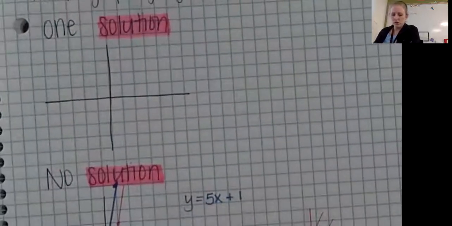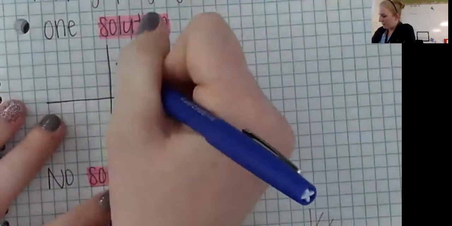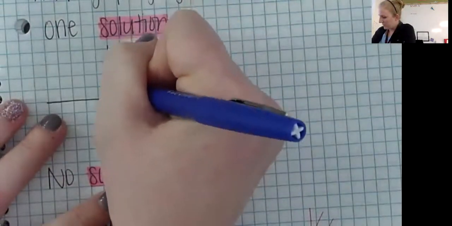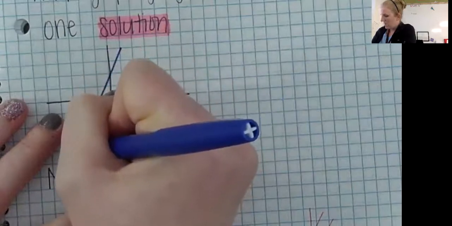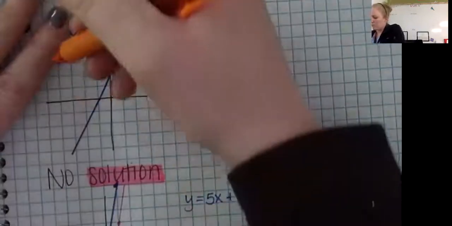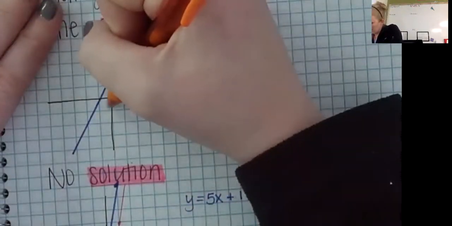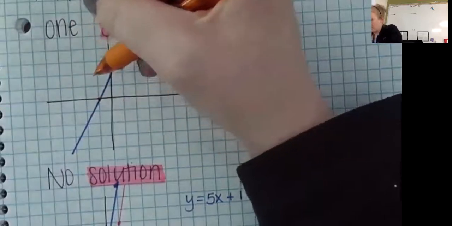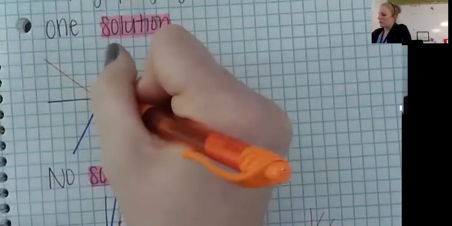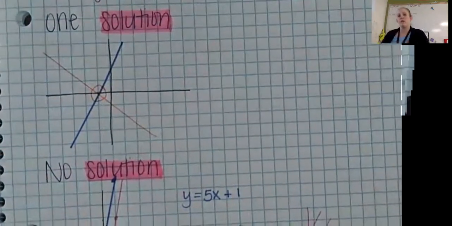And then one solution is where they cross at a single point.